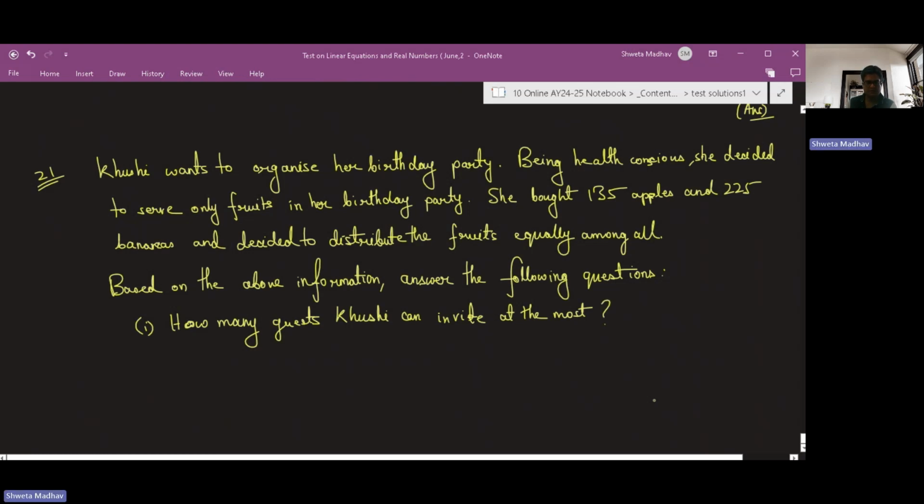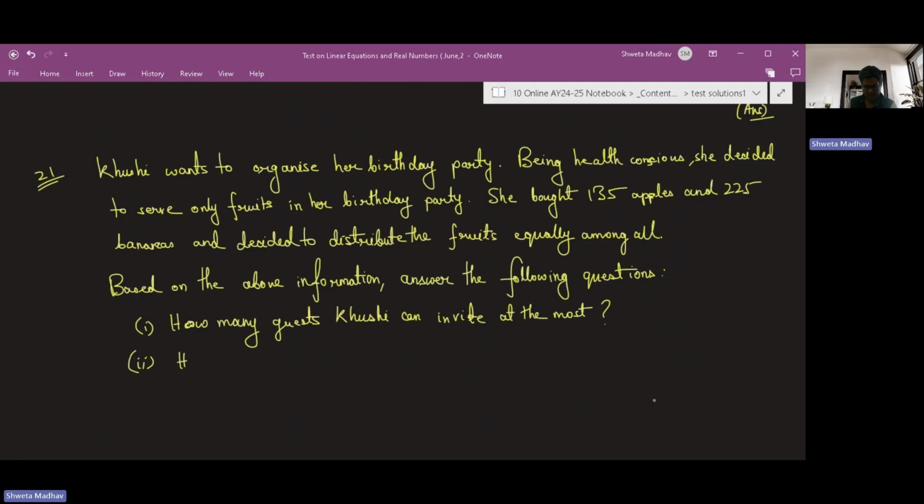Then the second subpart is, how many apples and bananas will each guest get?